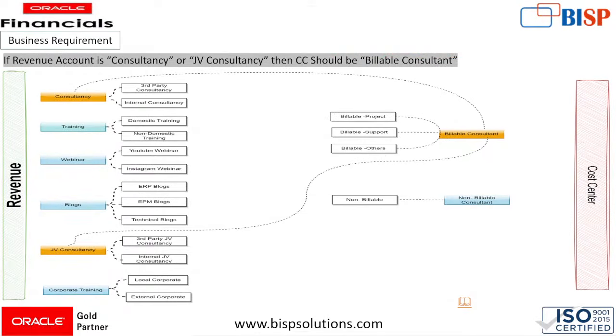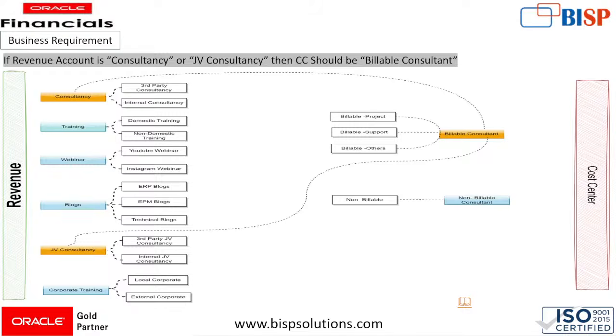For example, in our use case of BISP group, you can define a cross validation rule such that if the natural account is revenue, then validate the cost center is a non-billable consultant.